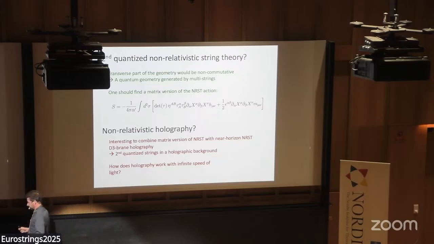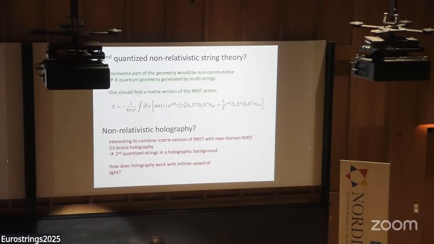This also opens up, I think, some new ideas, new things to explore, because this action here that I was highlighting in the beginning of the talk, one could actually try to find a matrix-valued version of this action, because in a sense, this action is when you only have one string, but there should be a corresponding action for multi-strings.